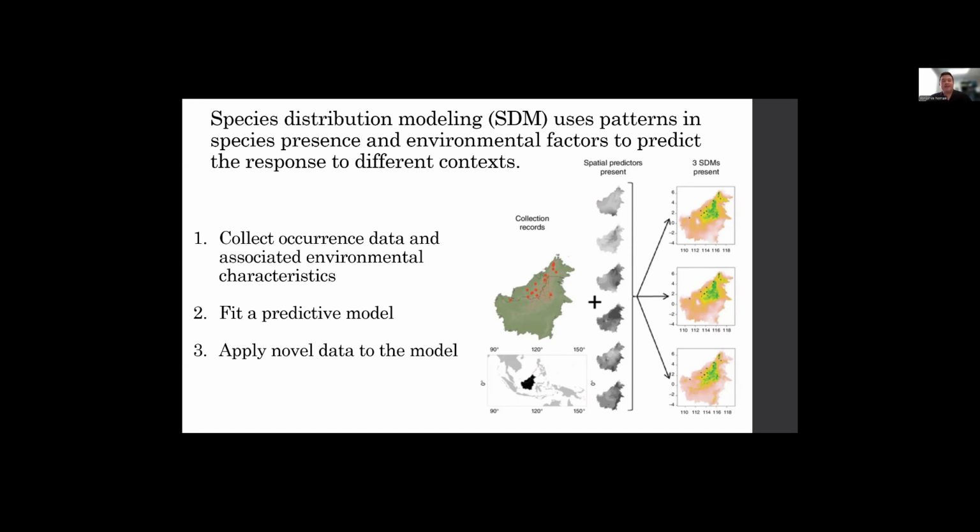So we have our first step done here, which is to collect occurrence data and environmental characteristics. Then we would need to fit some sort of predictive model, and then we can apply a novel scenario or novel data to the model. So a greater spatial extent, interpolation between trapping sites, or even a temporal shift like a climate change scenario.